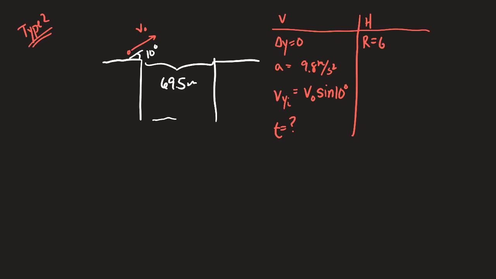The horizontal is 69.5. We know the horizontal velocity is V0 cosine 10 degrees. We'd like to find the time, but as I'm sure you're guessing now, you can't find the time here either. That's tough. This is why you took all those years of algebra, though.